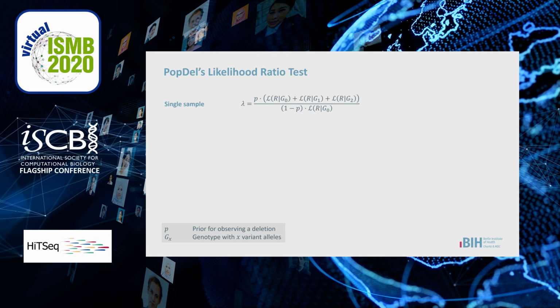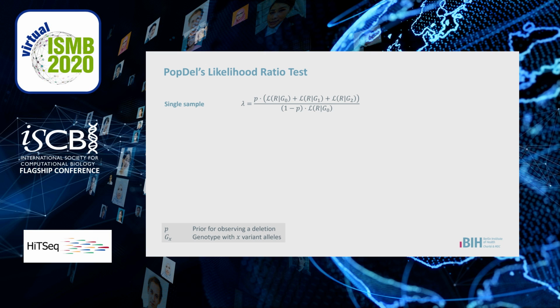We then use the calculated likelihoods in a likelihood ratio test to assess whether a deletion is present or not, and came up with the following likelihood ratios. For the sake of simplicity, let's assume we only have a single sample. Here, we calculate the likelihood ratio lambda by dividing the likelihood of the deletion model by the likelihood of the reference model.